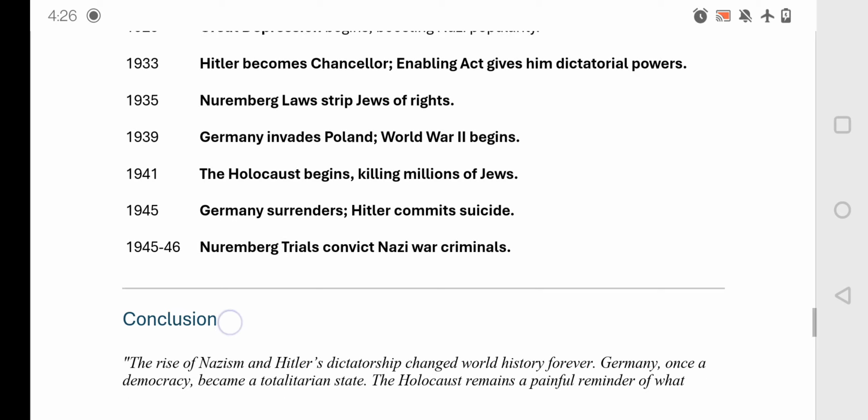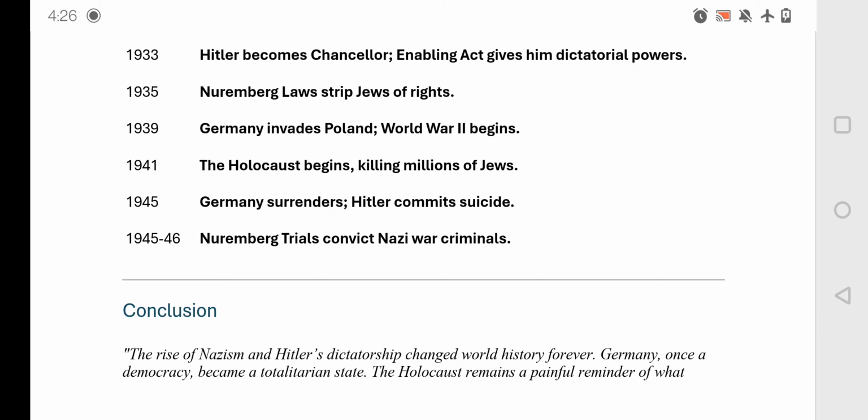Then in 1935, the Nuremberg laws stripped Jews of rights. Then in 1939, Germany invades Poland, from where World War II begins. In 1941 the Holocaust began, and a mass population of Jews was killed during this period.